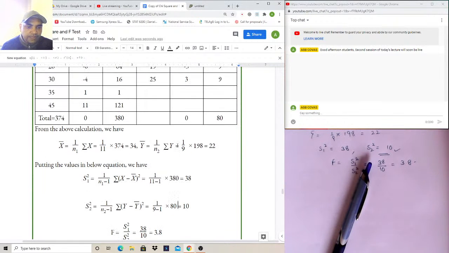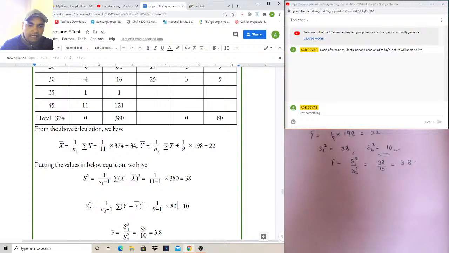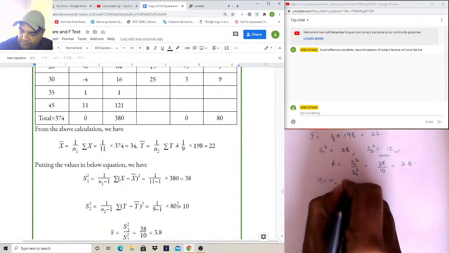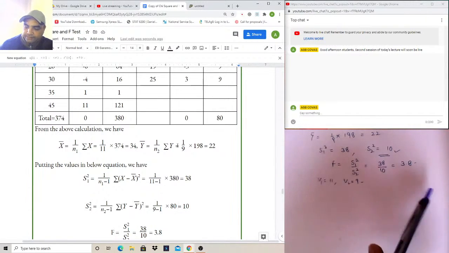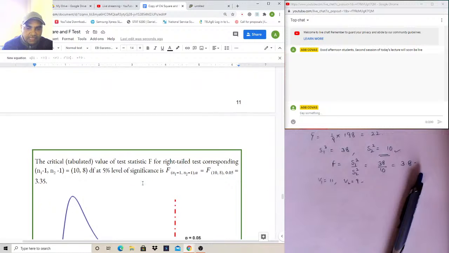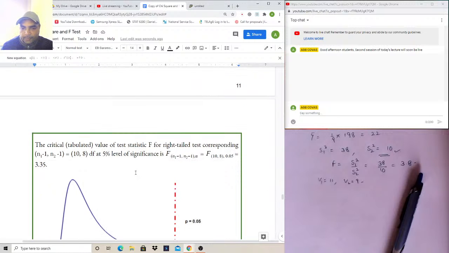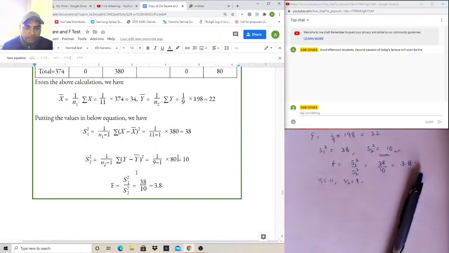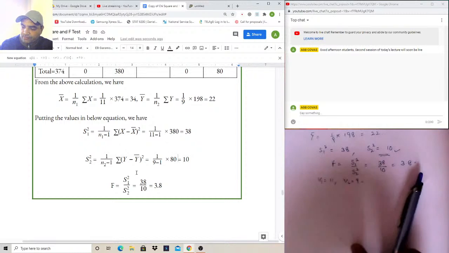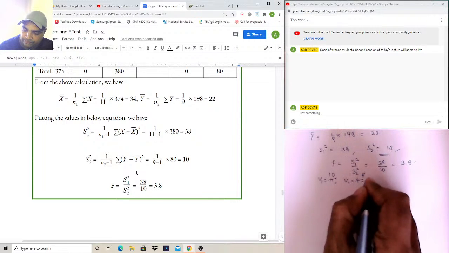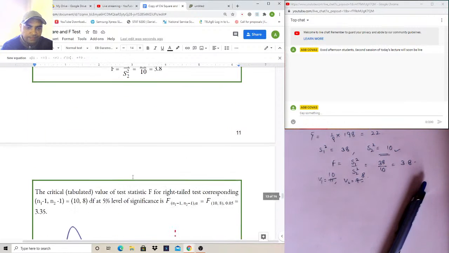How many degrees of freedom? That is 11 and 9, that is V1 is 11 and V2 is 9. Okay, when we see the table which I have shown, sorry, these are not 11 and 9, these are 10 and 8, since we have to subtract 1.